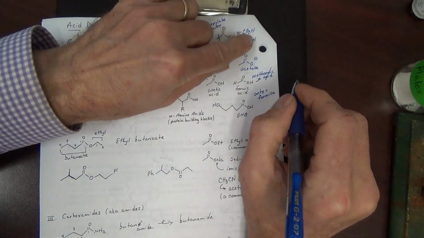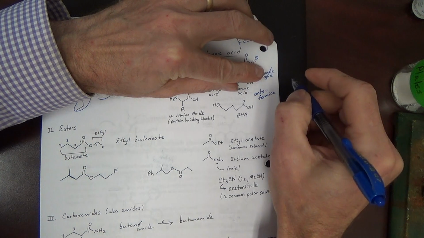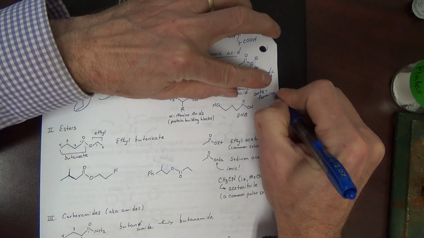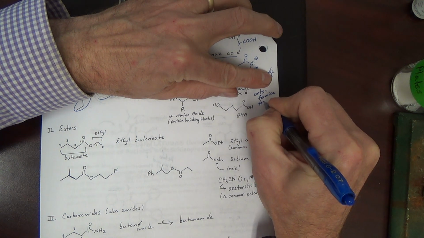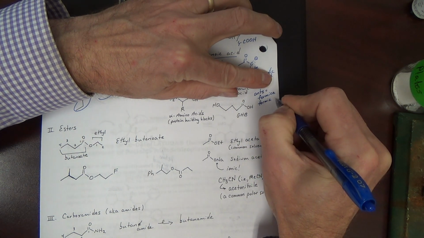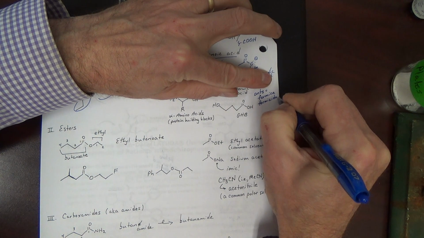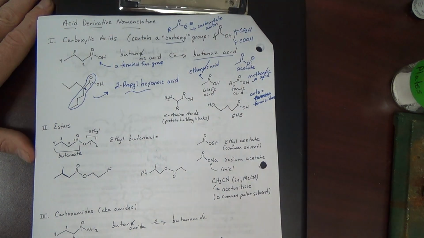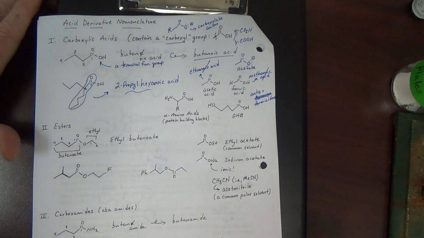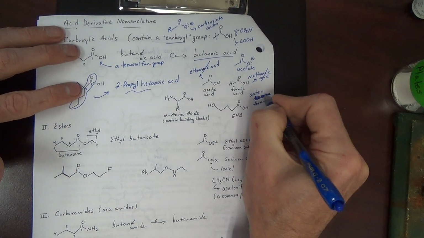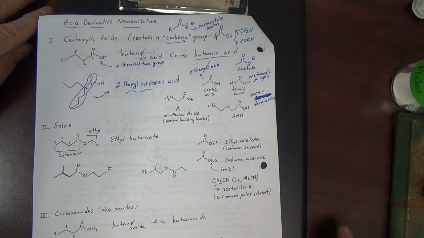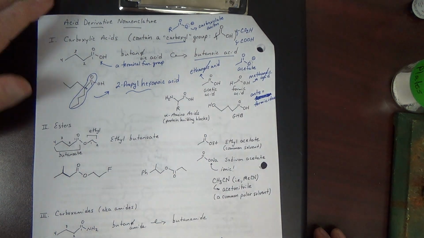According to Uncle Wikipedia, it's Formicidae, however you pronounce that. That's the family that ants belong to. You may have heard that in biology. I had to look it up.